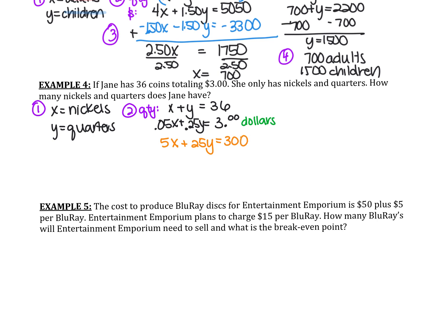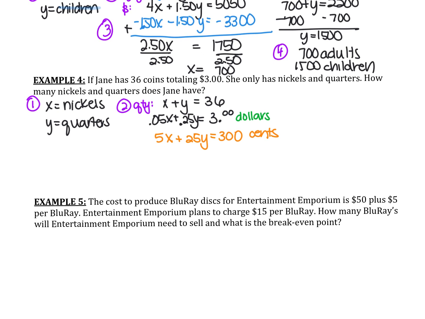Well, we'd put 300 because this would be in cents. You get to pick which equation you want to use, which one you think is easiest. I will tell you I tend to use the dollar equation. That doesn't mean it's wrong to use the cents equation. So you should get the same answer either way.